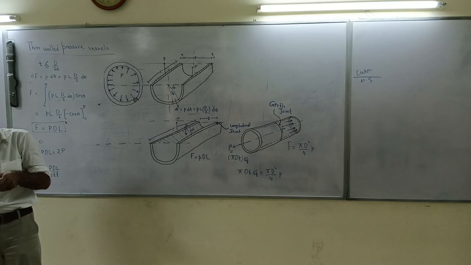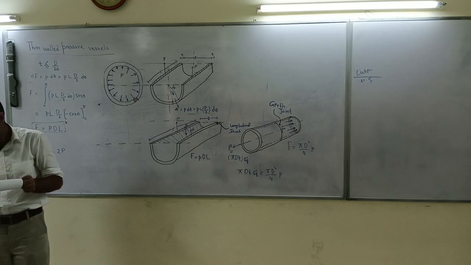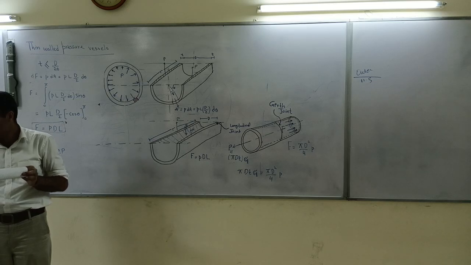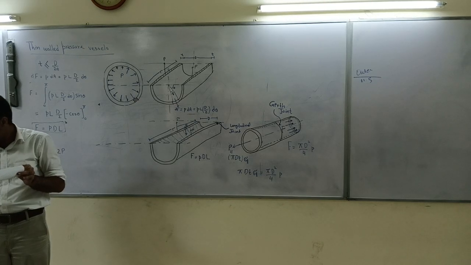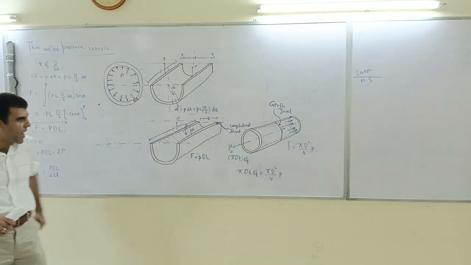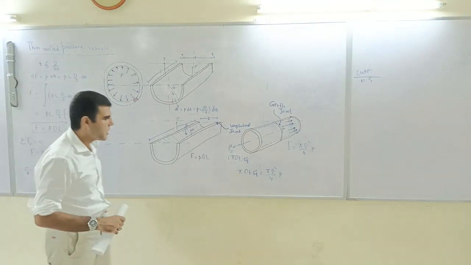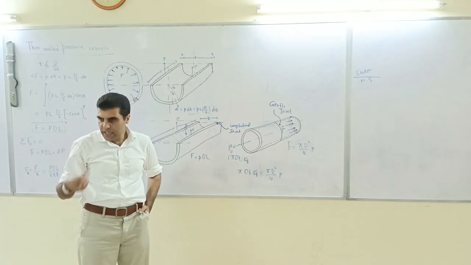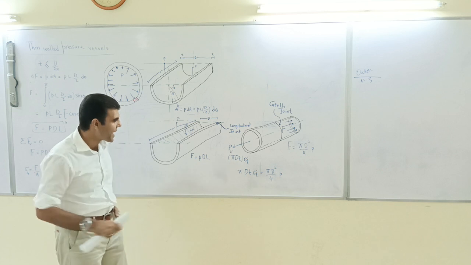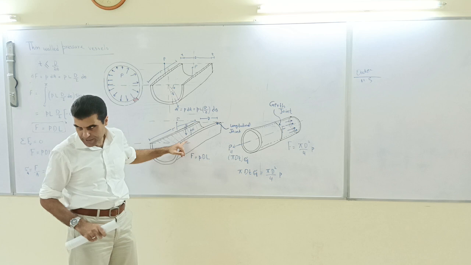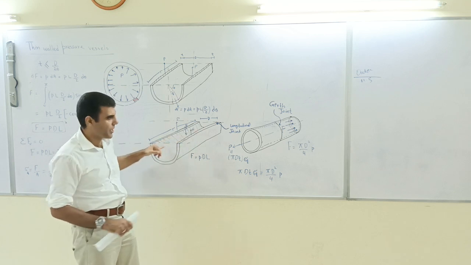But the important thing is that the force which is resisted by the wall must be taken by those items which are restraining it from opening up. So whatever connecting material you have provided, it should be strong enough to stop it from opening up. So this, as the name suggests, is called joint. This is longitudinal joint.